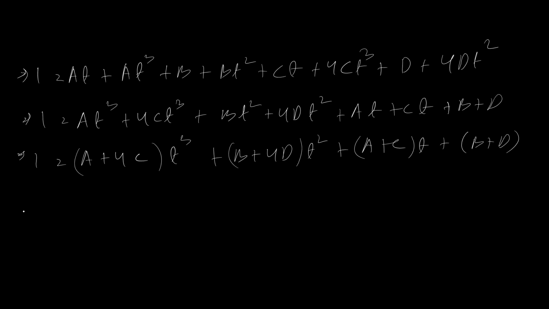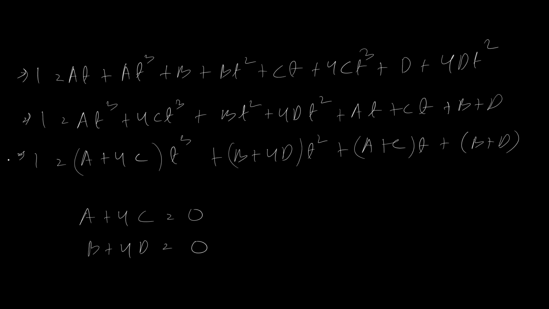Now I will equate the left hand side and right hand side. For t cube there is no like term here, so I will consider it as 0. So therefore a plus 4c is equal to 0. Again for t square there is no like term here, I will consider it as 0.